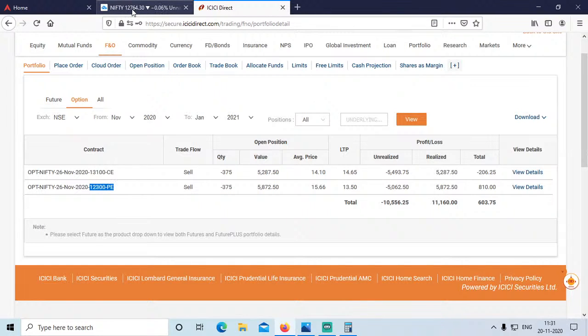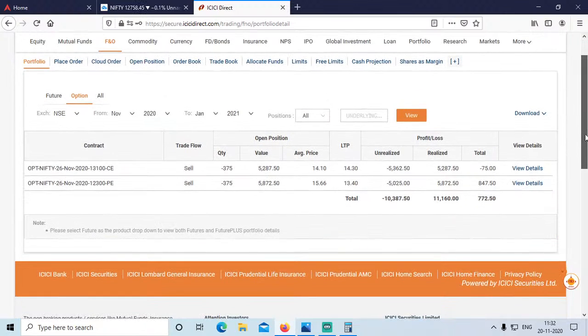If the market goes down from 12,760 till 12,300, you are safe. These are the two safest points. In case market goes drastically below 12,300 or above 13,100, then that is a place where you will be getting loss. It's better to square it off immediately at that time.